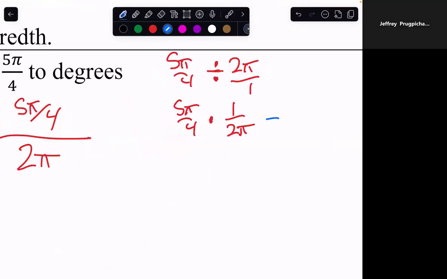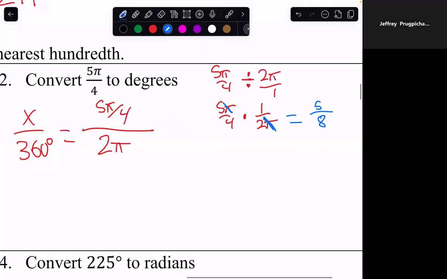Before we multiply, we can reduce the pi's because they are common factors of the numerator and denominator. So you get 5 times 1 is 5, over 4 times 2 is 8. So this fraction reduces to 5/8.